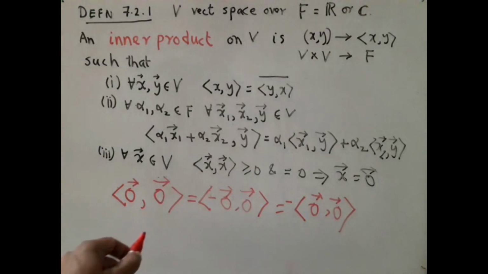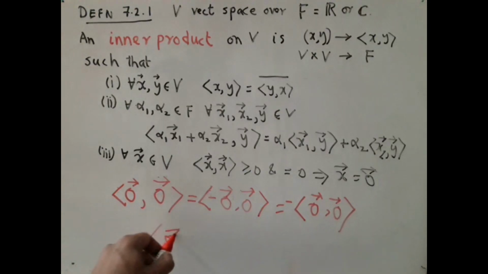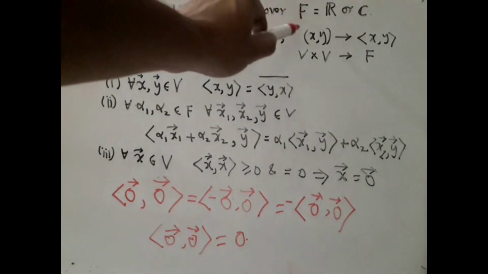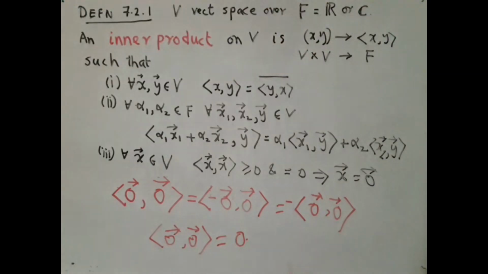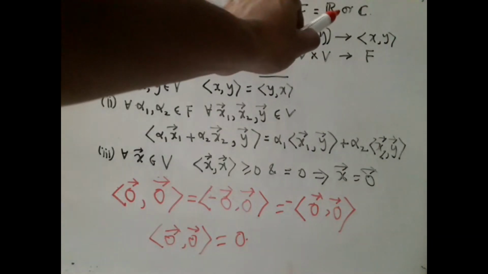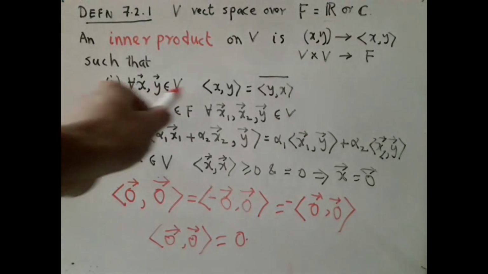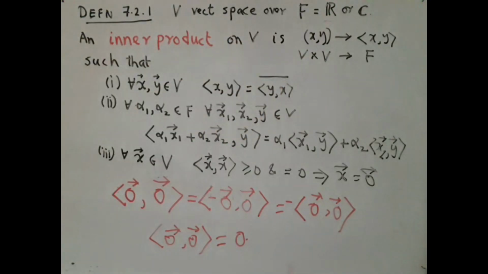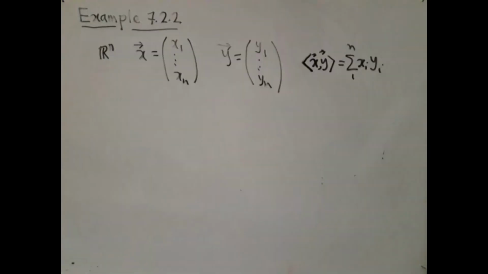As a result, inner product of 0 with 0 is equal to its own negative, and that forces it to be equal to 0. In this definition, notice that F is either R or C. Now, if it is R, then in property 1 this complex conjugation will have no effect because for every real number, its complex conjugate is itself.